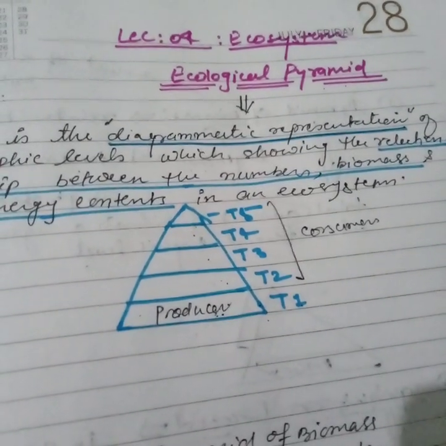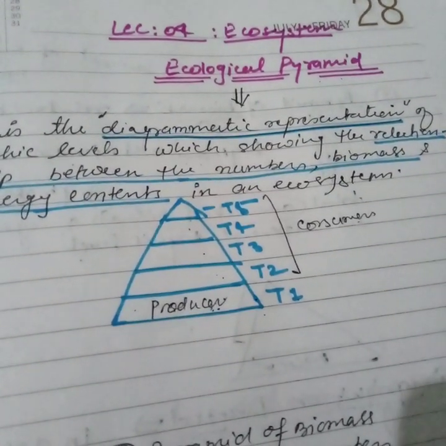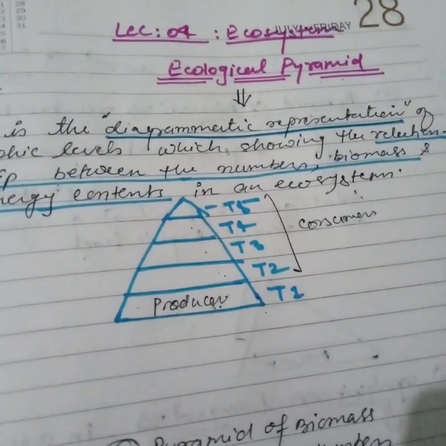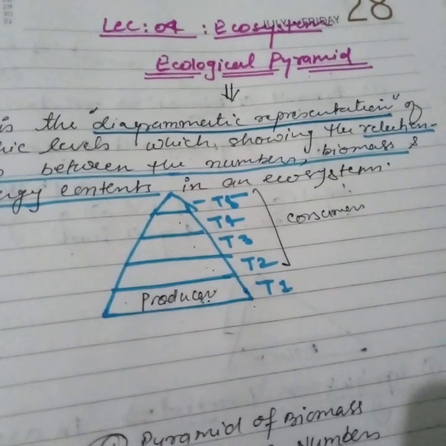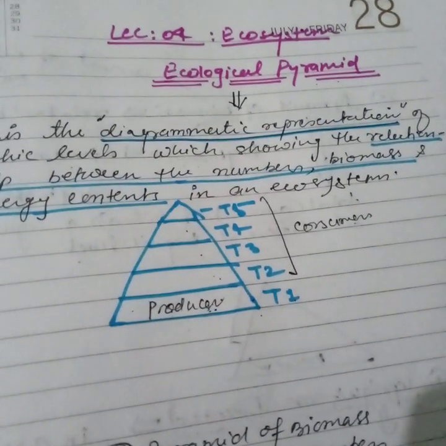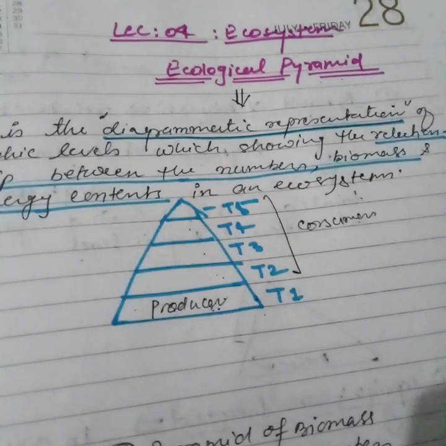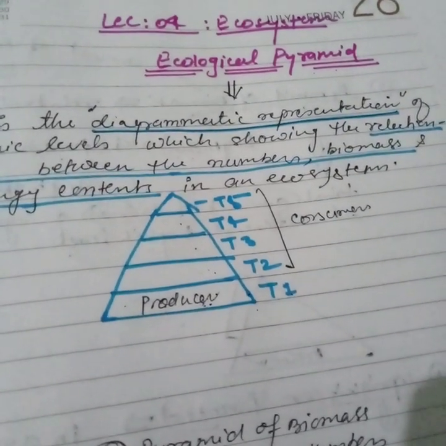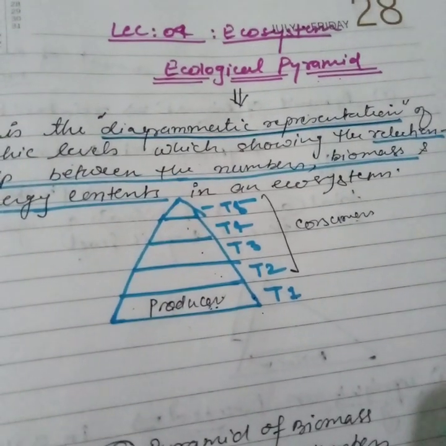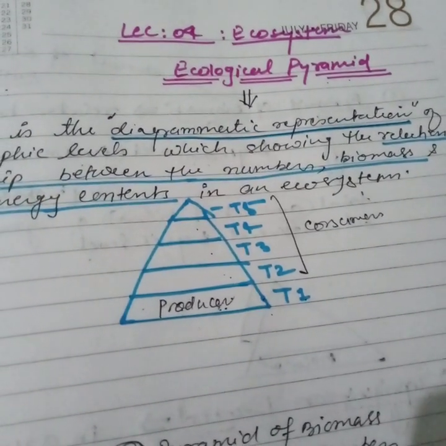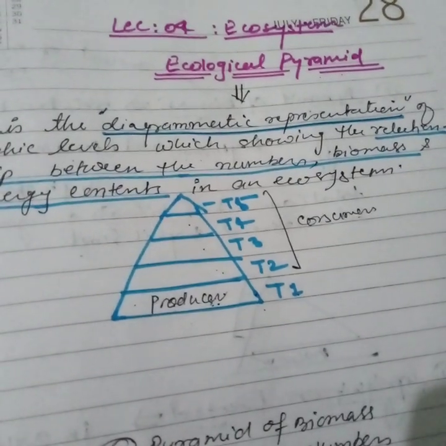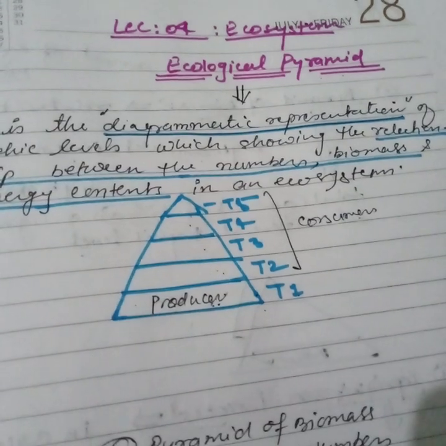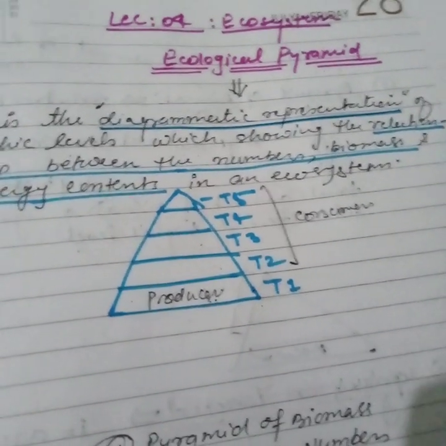So in an ecosystem, the numbers, biomass, and energy content of organisms can vary. Why does it vary? Because the climatic factors of an ecosystem influence the number, biomass, as well as energy of all living organisms. If the climatic condition of an ecosystem is good, then the number of organisms will increase, biomass increases, and energy content also increases.